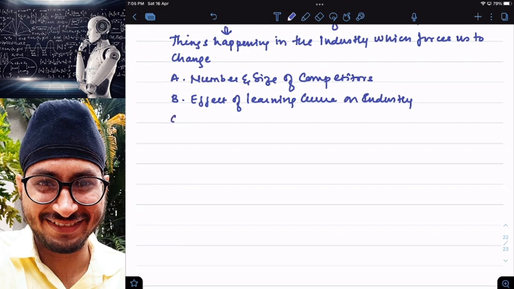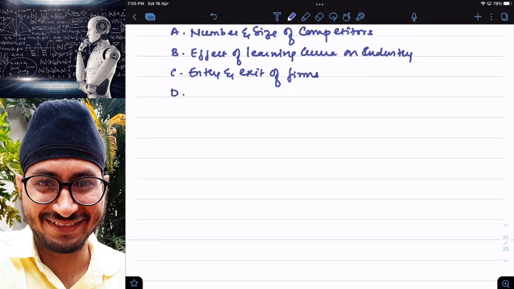Then we have entry and exit of firms. Like, let us say when a new company enters the market, competition increases. When an existing company leaves the industry, competition decreases.